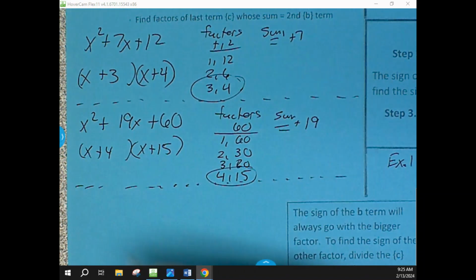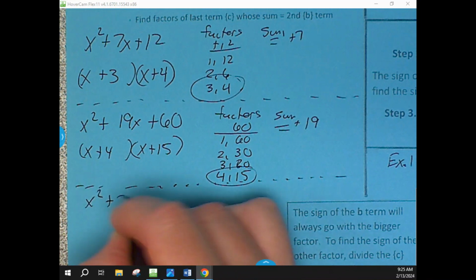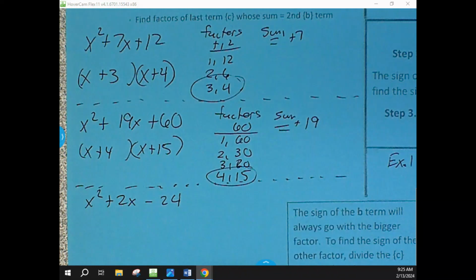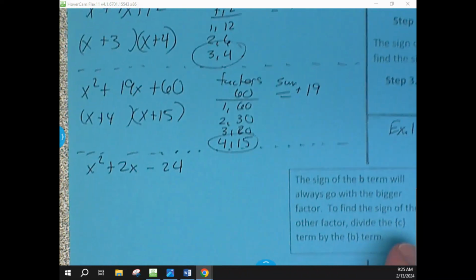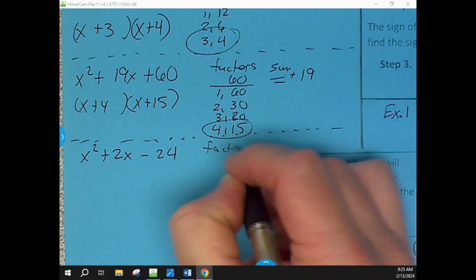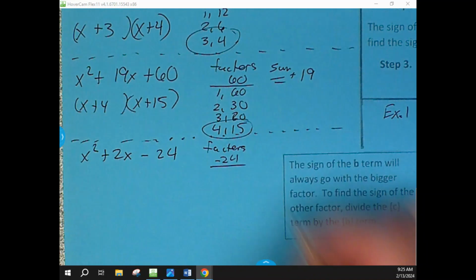So if you have x squared plus 2x minus 24. All right, so it's the factors of negative 24.